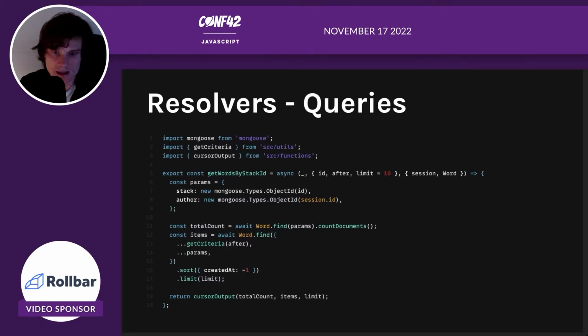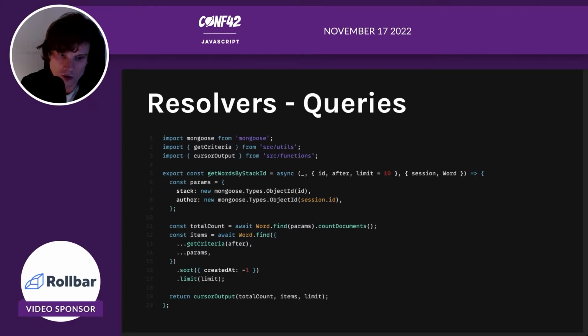In this case, for example, we are taking the model of word, trying to find specific words by specific parameters, counting them, trying to find the real items, sorting them, and passing them to a specific function. And just to let you know, resolvers always return some information, always for queries and mutations, according to the schema that you describe in your GraphQL schema.